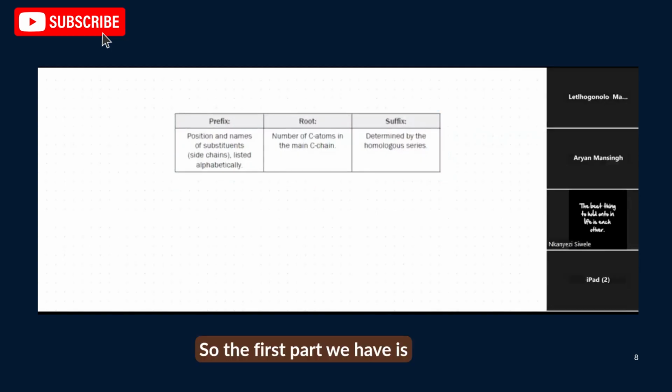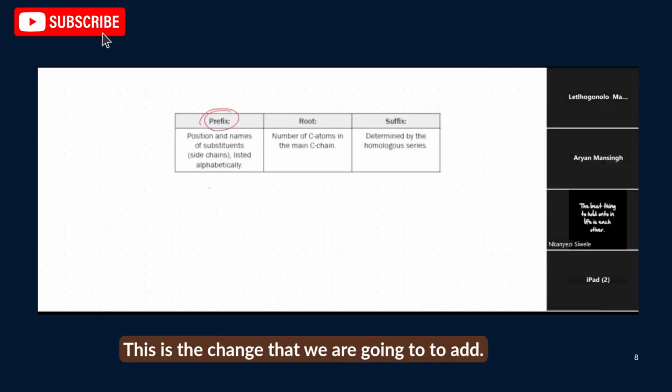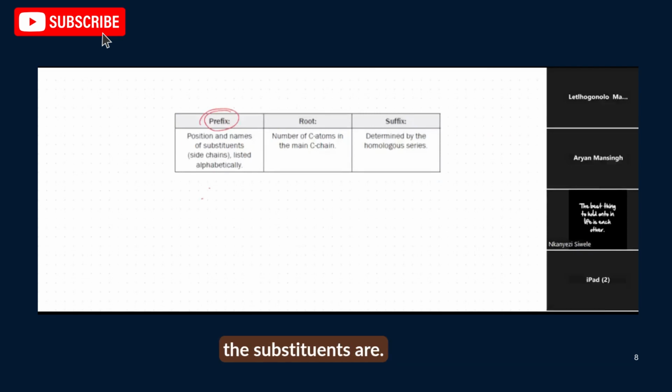The first part we have is our substituents. This is the chains that we are going to add. And not only do we write the substituents, we also need to tell them on what position carbon the substituents are. When we list these side chains, they're going to be in alphabetical order.